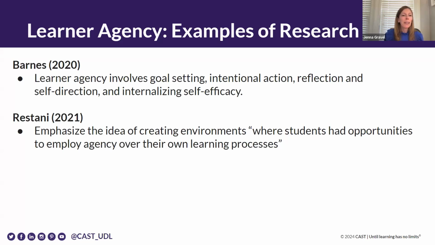As we were reviewing that work and lots of other research like it, it was really interesting to us to see how different elements that were surfacing in the descriptions of learner agency in the research were aligning so nicely to some of the practices of expert learners that we had described in version 2.2 and in previous iterations. So it was really interesting to see that alignment in the ways that learner agency was described in the research.